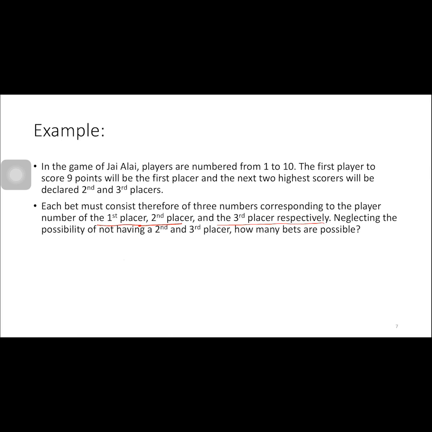Here the problem suggests that there is an arrangement. So our n is 10, and of course this is permutation, and our r is 3, that is for the first, second, and third. So we have 10P3, that is equal to 10 factorial over 10 minus 3 factorial, which is equal to 720.